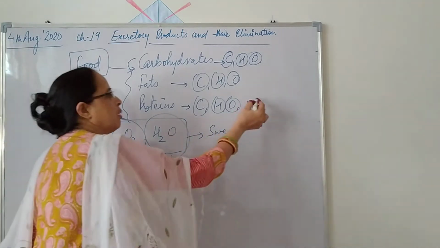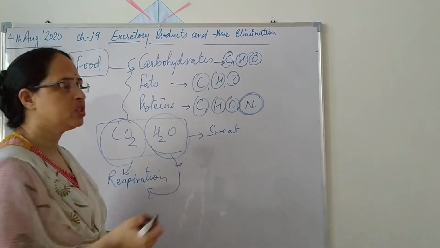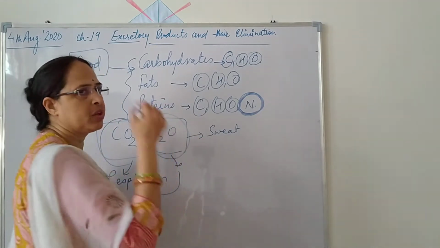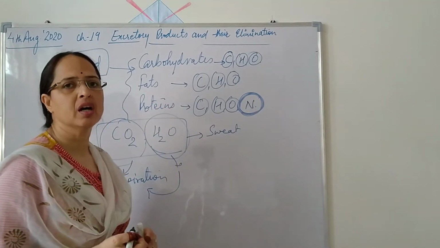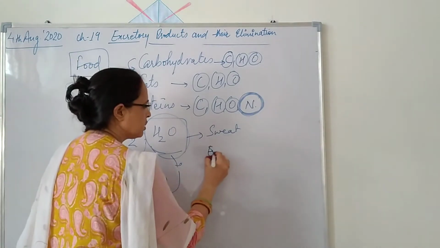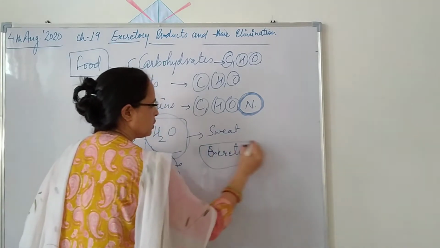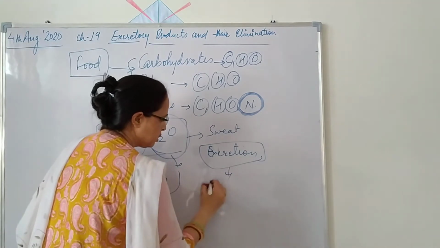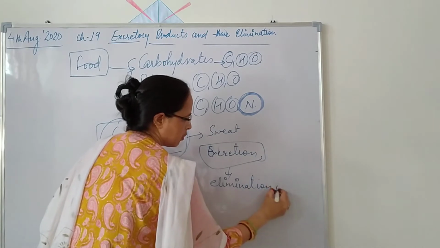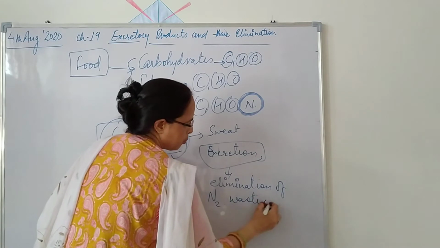Now the element left in our body is nitrogen, and for the removal of this nitrogen we have the complete excretory system in our body. So excretion is the process for the elimination of nitrogenous waste components.